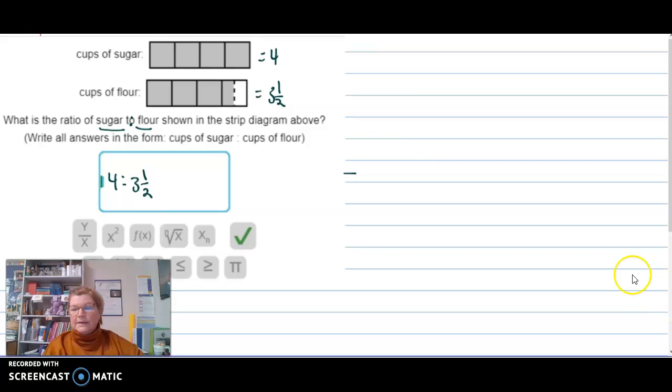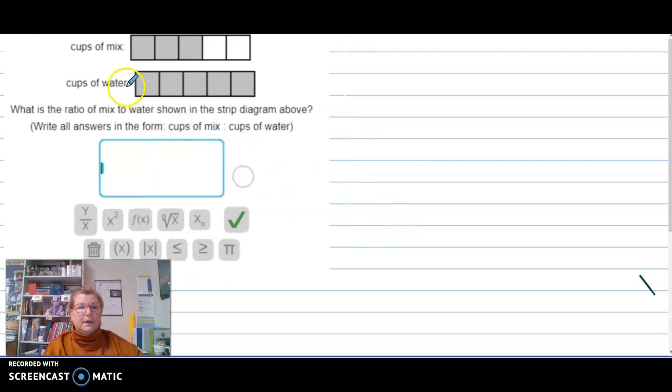Okay, next example. Cups of mix, we're back to that powdery mix to make our beverage, plain old water, taste a little better. 1, 2, 3. And 1, 2, 3, 4, 5 parts are colored in here. It says, what is the ratio of mix to water shown in the diagram above?